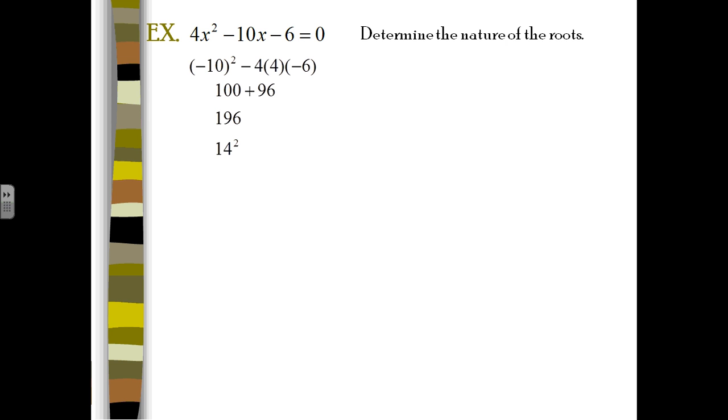You can tell that you're going to get 2 real roots because it's not 0. But even more so than that, since 196 is a perfect square, we're going to get two real rational roots. So you do have to put in that rational versus irrational if you're getting two real roots. So don't forget about that.